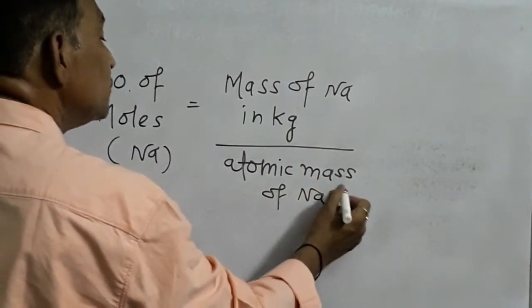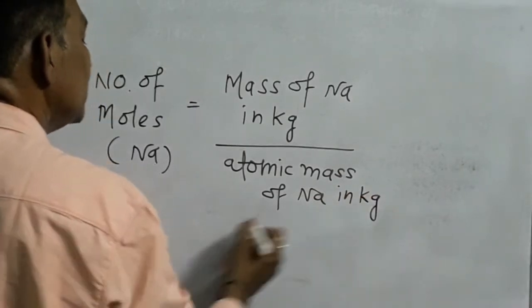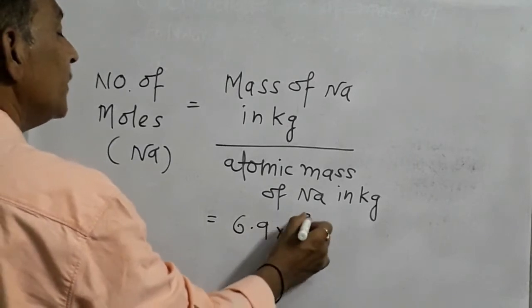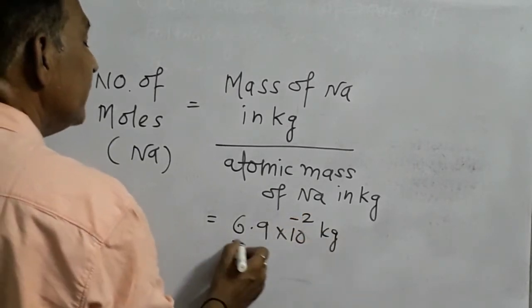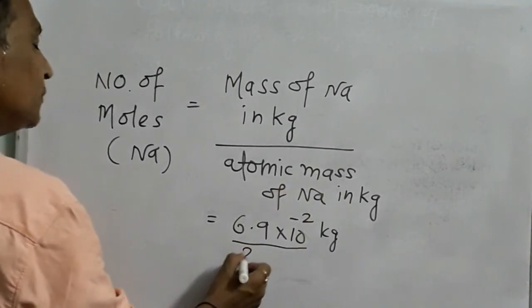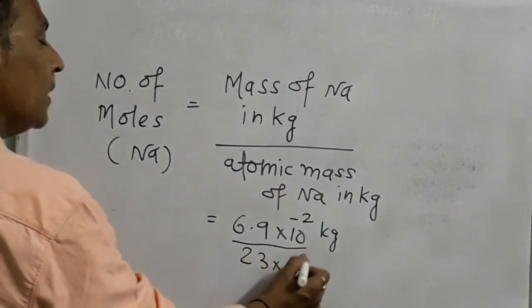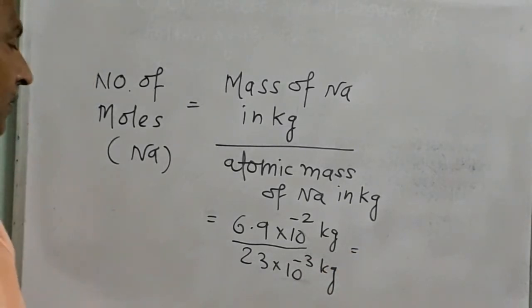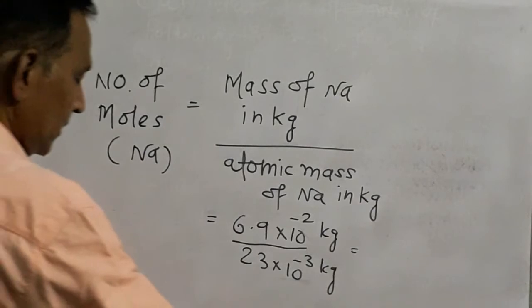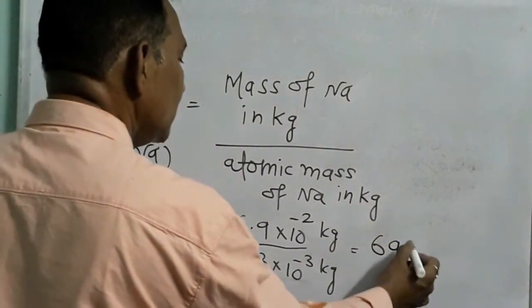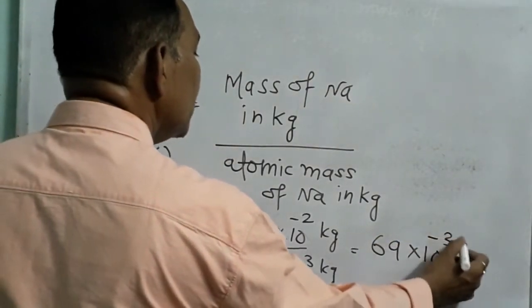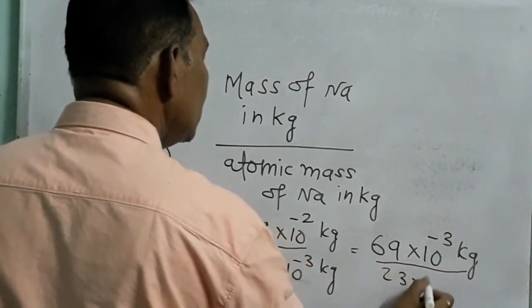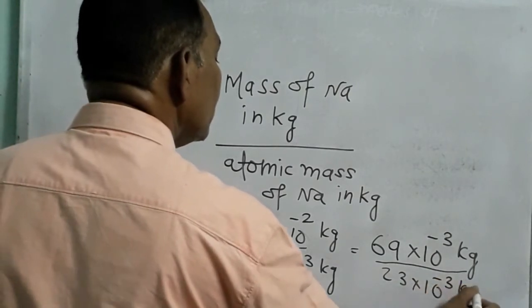It should also be taken in terms of kilogram. So 6.9 into power of 10 minus 2 kilogram divided by, what is the atomic mass of sodium? That is 23 into power of 10 minus 3 kilogram. So dosto, this will be modified as 69 into power of 10 minus 3 kilogram divided by 23 into power of 10 minus 3 kilogram.